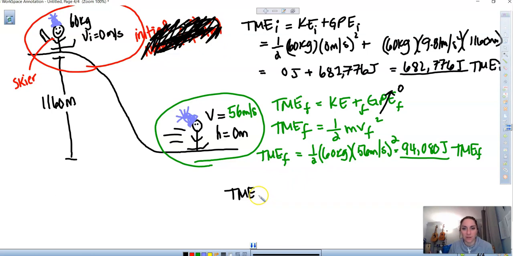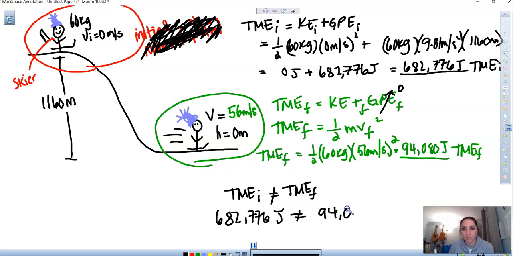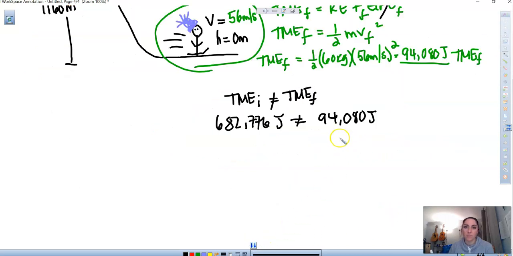So ignore that comment, sorry. So notice that the initial is not equal to the final, right? The initial was 682,776 joules of energy, which is not equal to final, which was 94,800. Notice the initial was larger than the final.